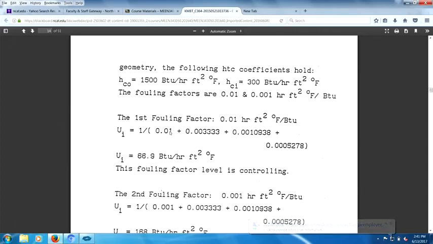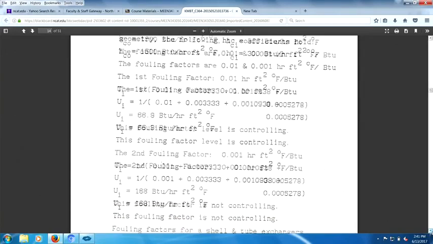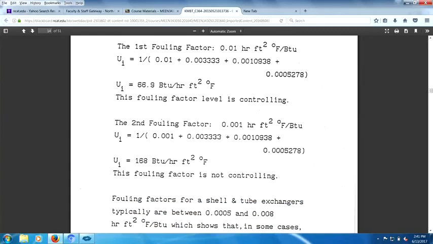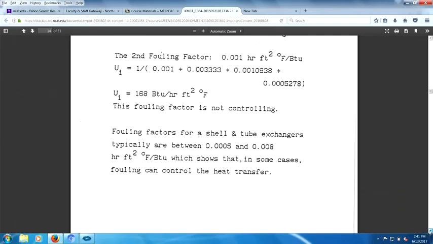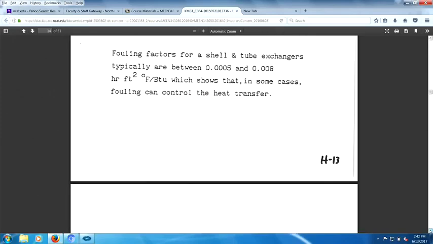So what happens is the fouling factor, the first fouling factor, is the controlling resistance, right? This fouling factor is not controlling. This fouling factor is controlling, this 0.01. So these are fouling factors for a shell and tube heat exchanger. Maybe you don't understand fouling factors, but you will eventually.